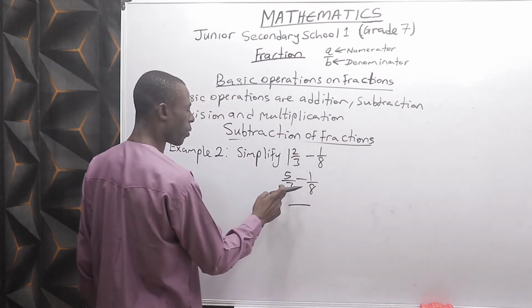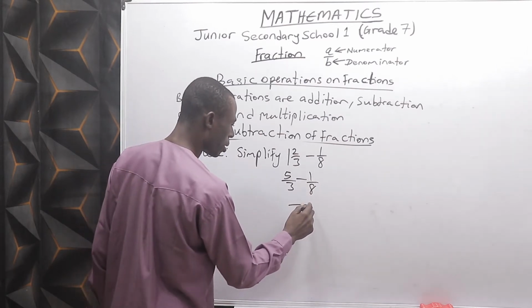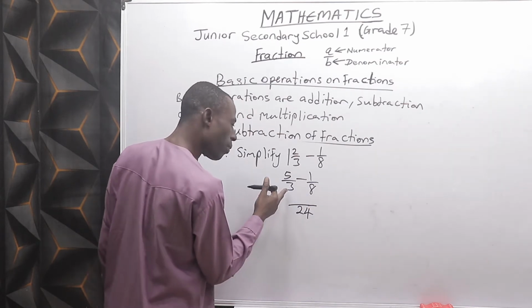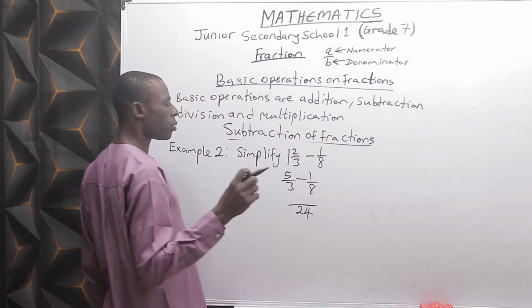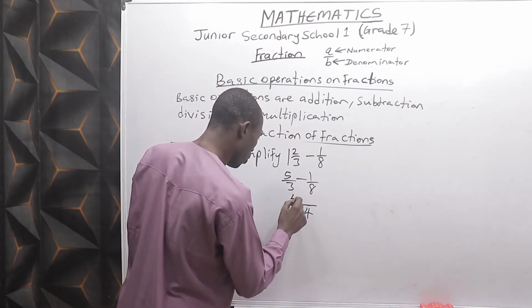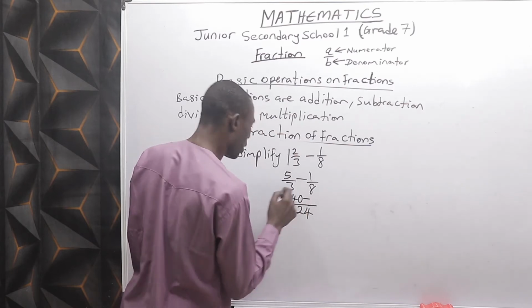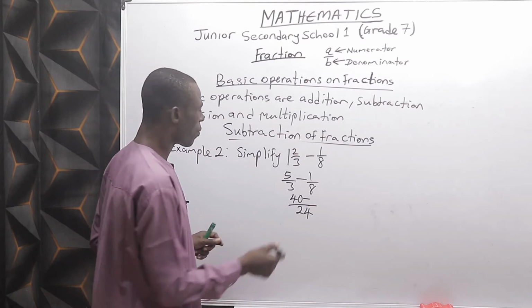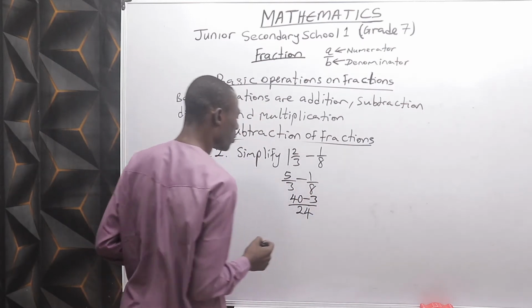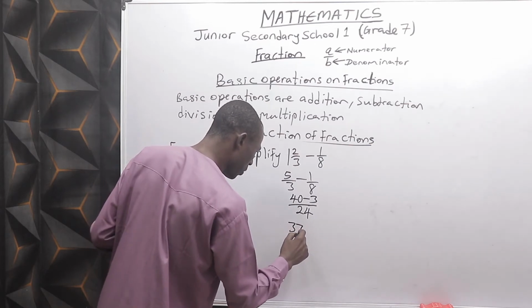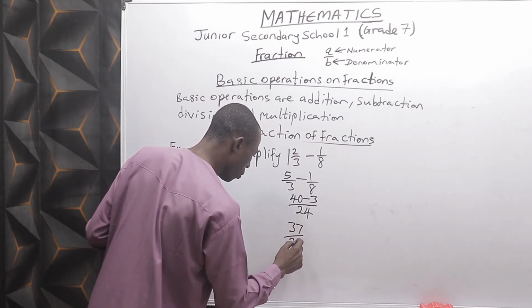The LCM of 3 and 8 is 24. 3 in 24, as in 3 divides 24, we have 8. 8 times 5, that is 40, minus 8 divides 24 to give 3. 3 times 1, that's 3. Subtract 3 from 40, that is 37 over 24.